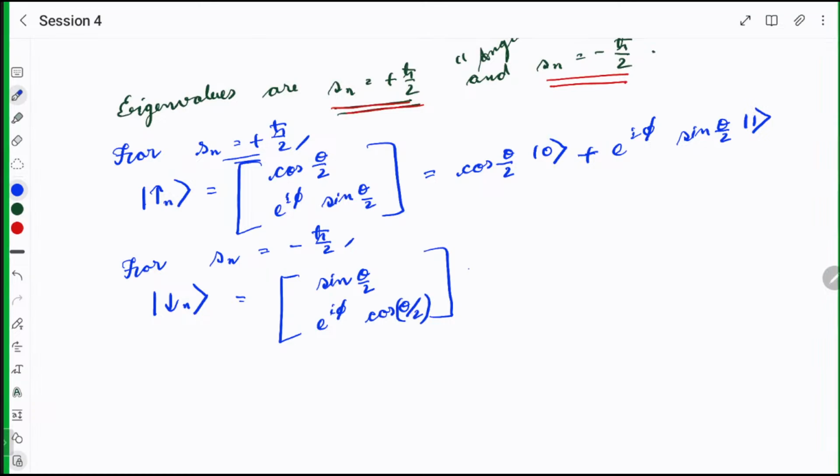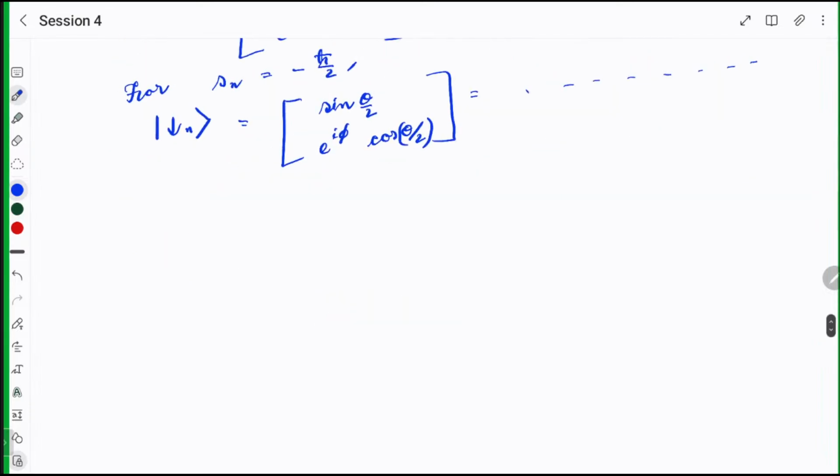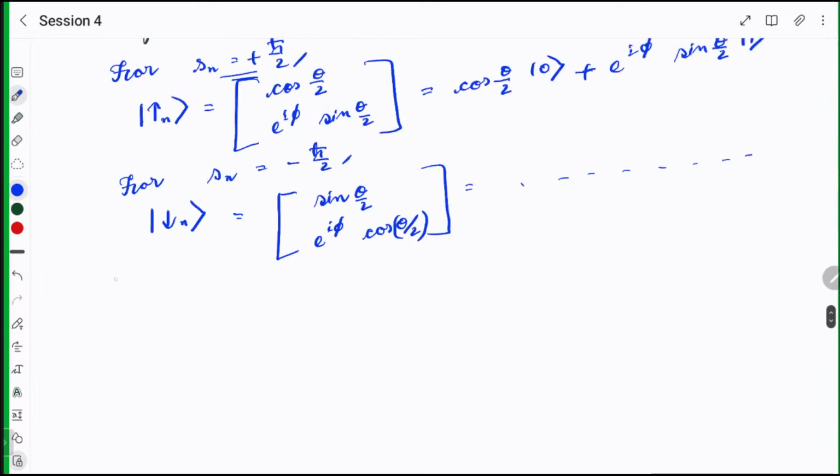In a similar way, you can write this. I'm not showing it; you can figure it out on your own. Again, you can check that up-n and down-n are orthogonal, and they are also normalized.